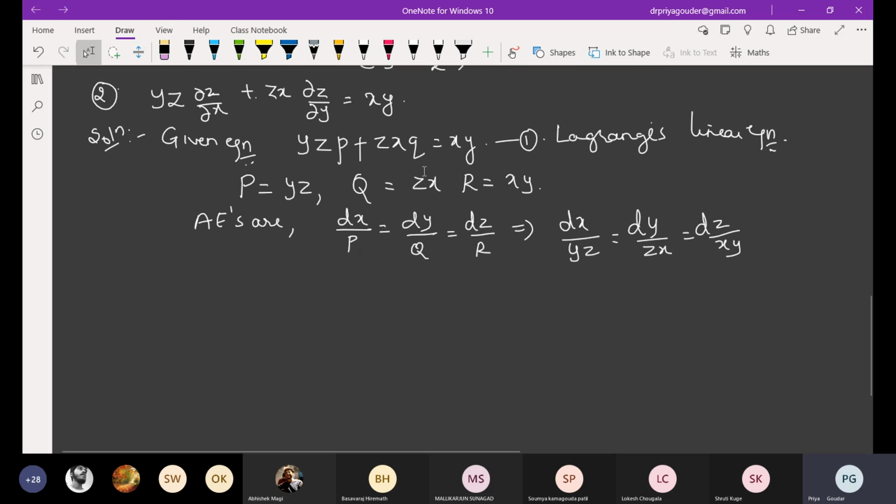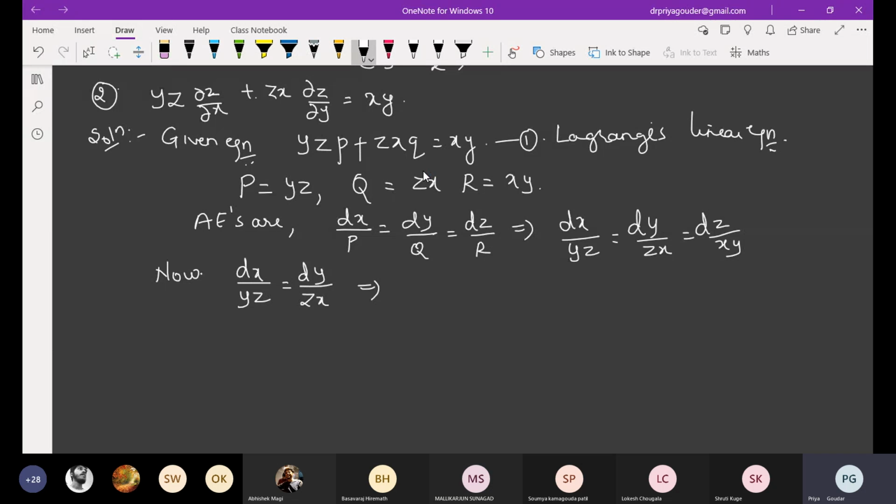Now, can I choose the first two pairs? Can I separate the variables? Just think about it. If I take dx and dy, what should not be there? z. z should not be there.